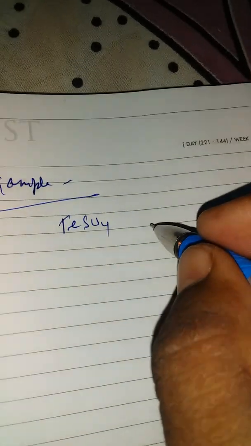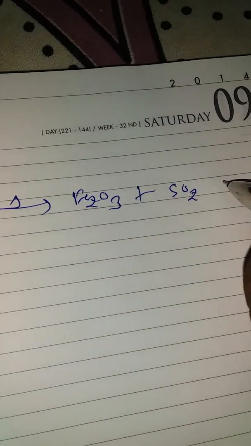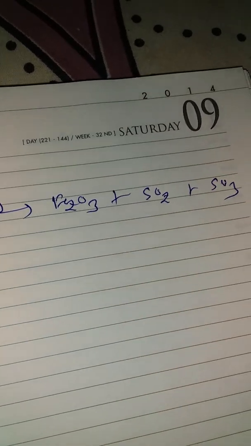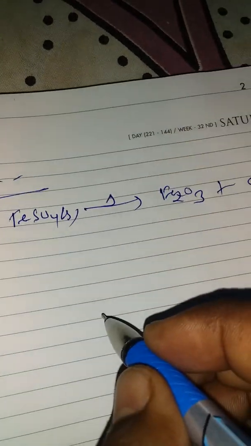As for example, when we heat ferrous sulfate, FeSO4, after heating it gives ferric oxide plus sulfur dioxide and sulfur trioxide. FeSO4 exists in solid state.